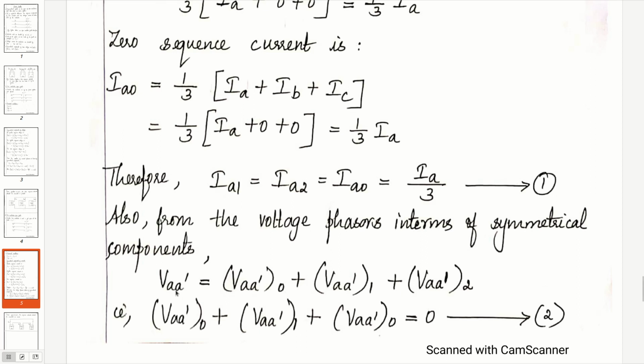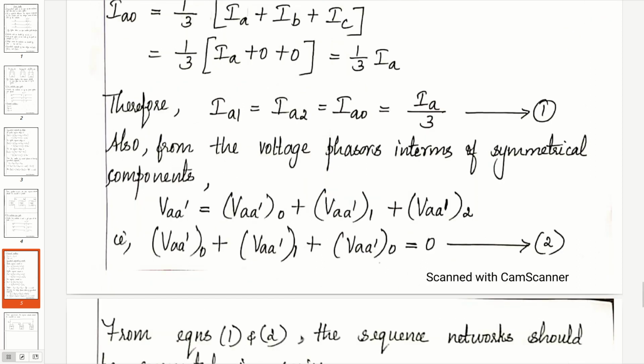From the terminal conditions, since VAA' is equal to 0, we get VAA'0 plus VAA'1 plus VAA'2 is equal to 0. So we have two equations from which we can conclude that the same current flows through the networks and the sum of the three sequence components of voltages is 0. That means the three sequence networks should be connected in series as shown below.